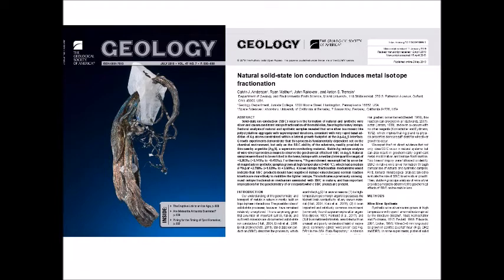This is in the July 2019 issue of Geology. You can see the cover image is a wire silver specimen and calcite from Kongsberg, Norway. It's a classic location for wire silvers.